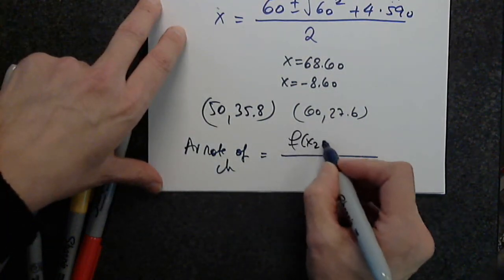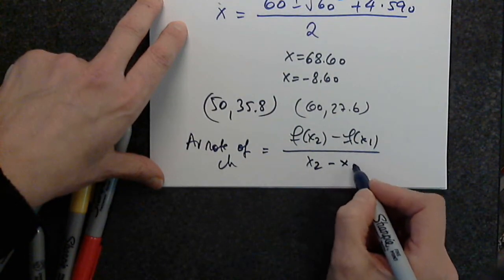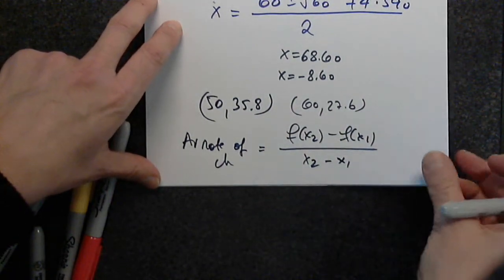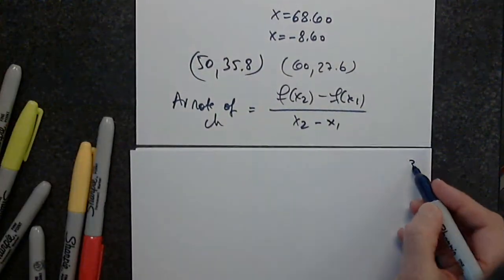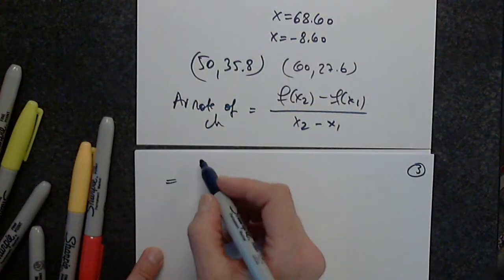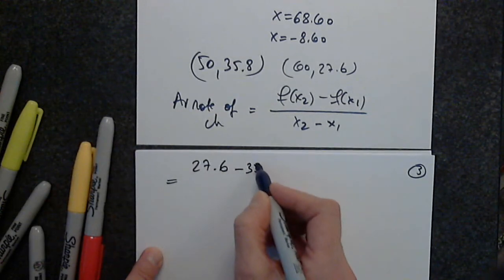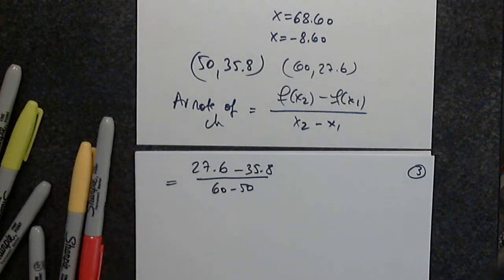Very good. F of x sub 2 minus f of x sub 1 over x sub 2 minus x sub 1. Excellent. All I have to do is just plug it in. And we also remember that formula. It's a slope formula. We know the slope from forever. So 27.6 minus 35.8 divided by 60 minus 50.